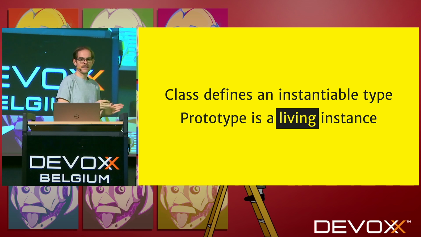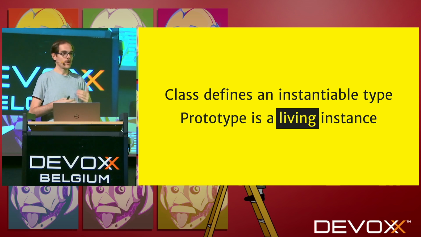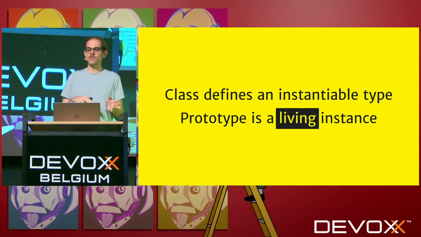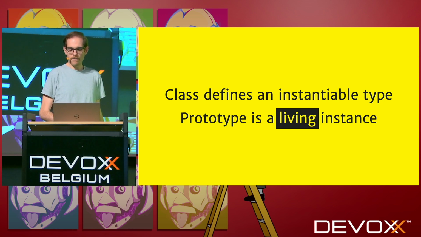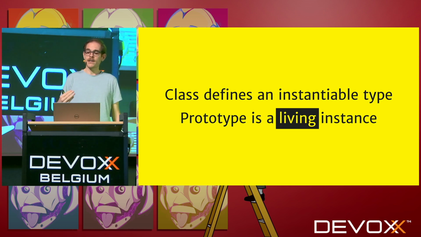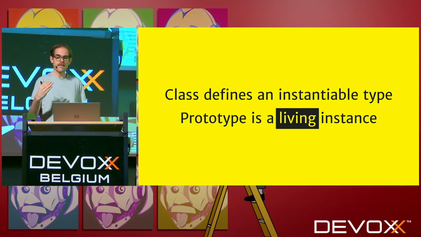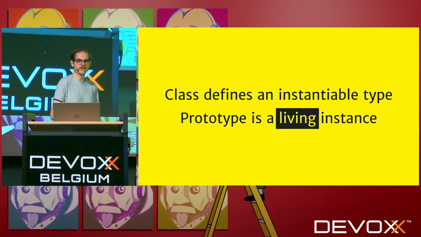Unlike classes, definitions in prototypes are not statically copied at declaration time. Prototypes are living objects. They are instances themselves. So you can modify them, and the changes will affect previously instantiated objects. And again, since classes in JavaScript are syntactic sugar over prototypes, they behave this way as well. You are not getting away from this.